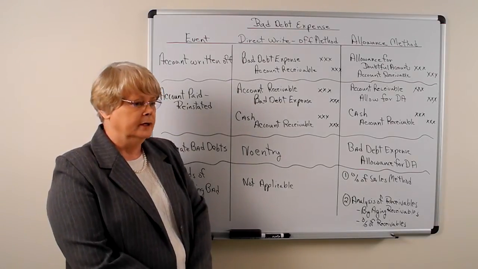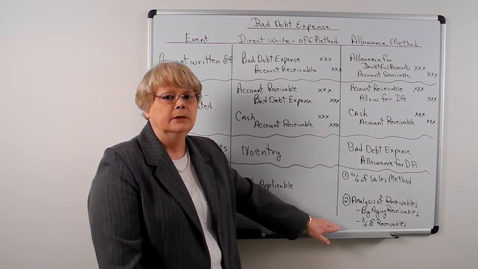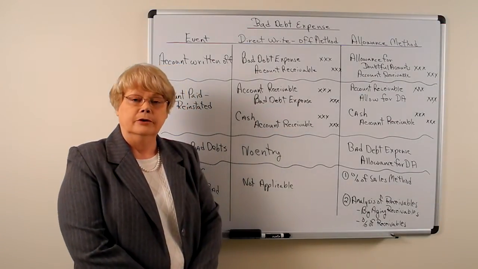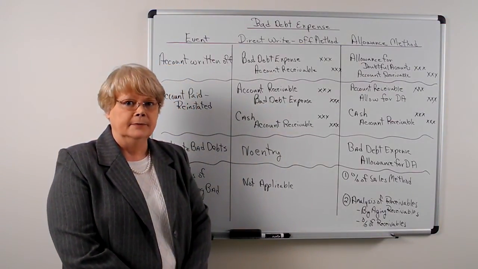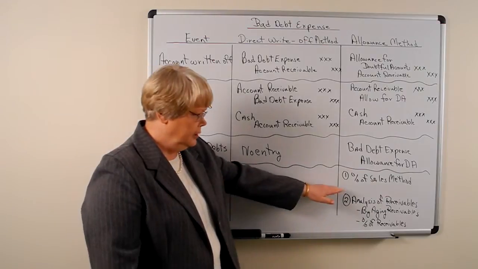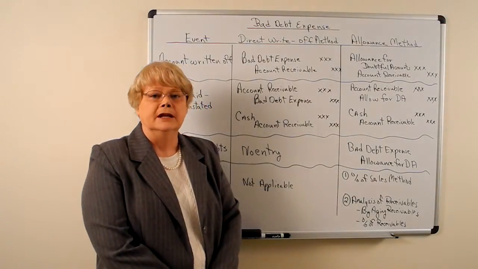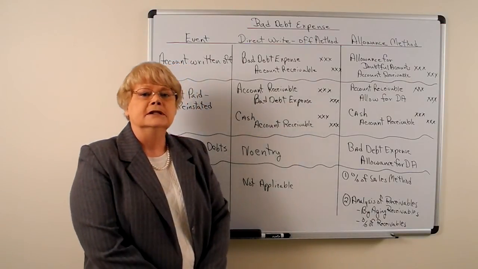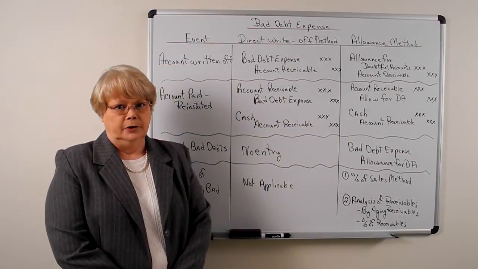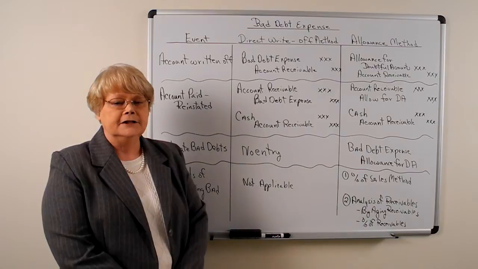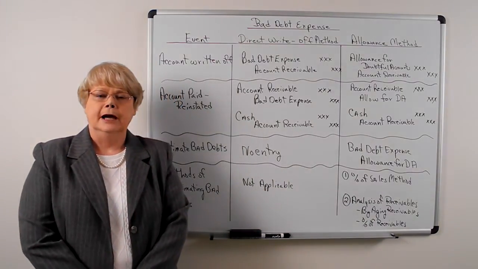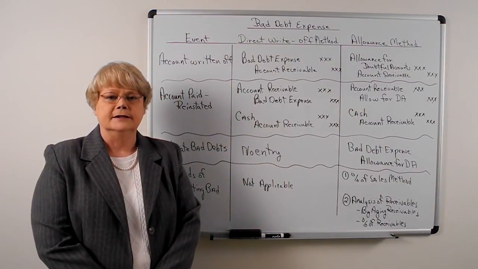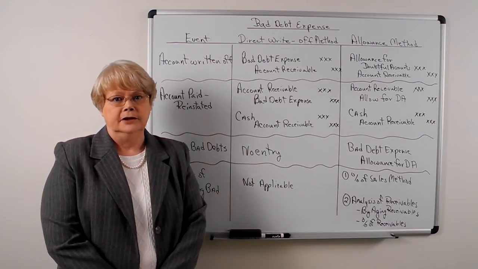So our entry will be the difference between what we want to come up with and what's already there, whether it be a debit or a credit balance. The percentage of sales method is known as the income statement approach, and the analysis of receivables is known as the balance sheet approach. Okay, in the next video I'm going to work a few exercises to show you how to apply these two methods.